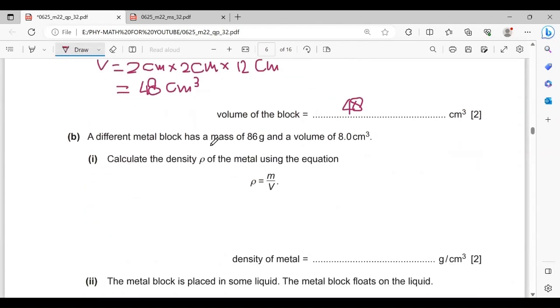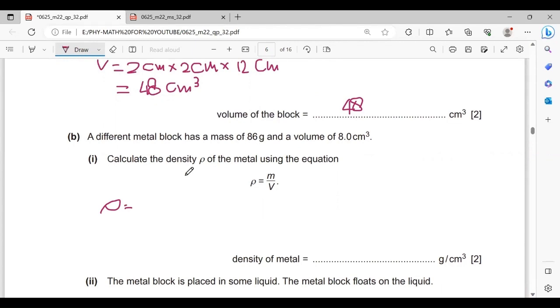A different metal block has a mass of 86 grams and a volume of 8 centimeters cube. We're going to calculate the density of the metal using this equation. This is the formula of density. So density, or rho, equals mass over volume.